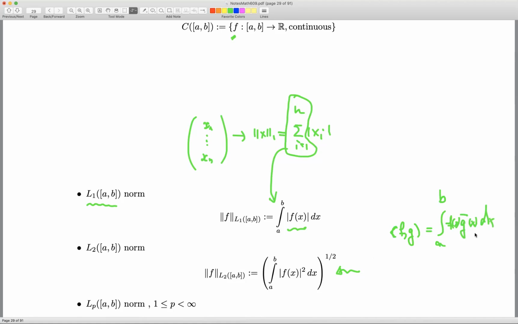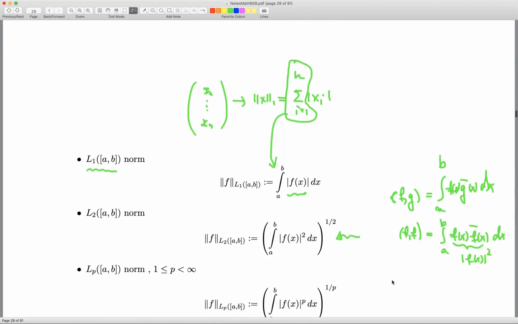And therefore, if you look at f inner product with itself, then this will be the integral from A to B of f of x times the complex conjugate of f of x dx, which, since these are complex numbers, is the absolute value of f of x squared.